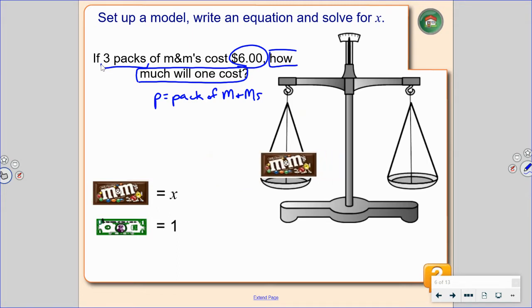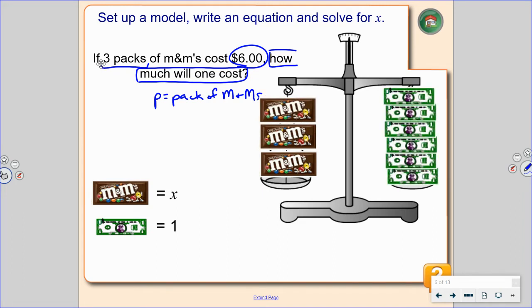They said we have not 1, not 2, but 3 different M&Ms. And 3 M&Ms is equal to $6. So let's go ahead and write that with numbers and symbols here. 3 different P packages is the same as $6. Naturally, we can then use our number sense, use our algebraic skills to say, all right, well, let's see. Each of those packs has to be $2.